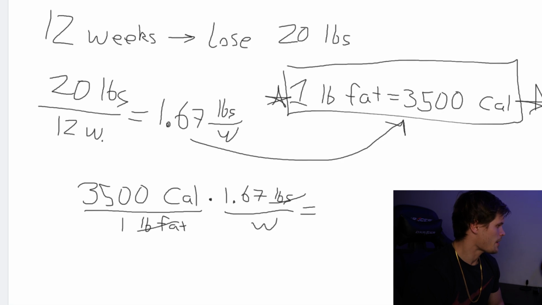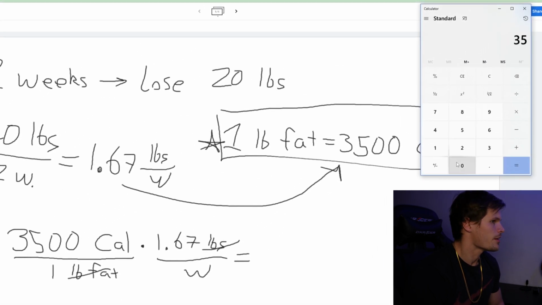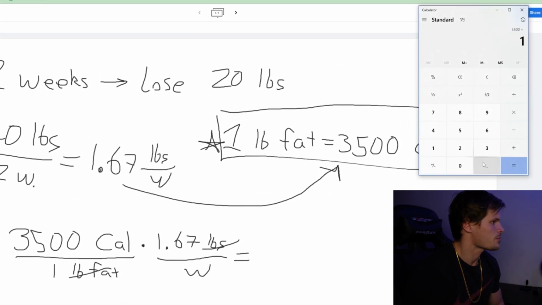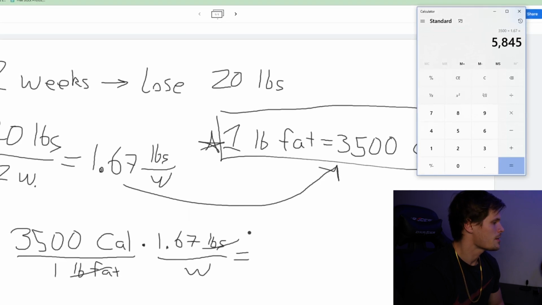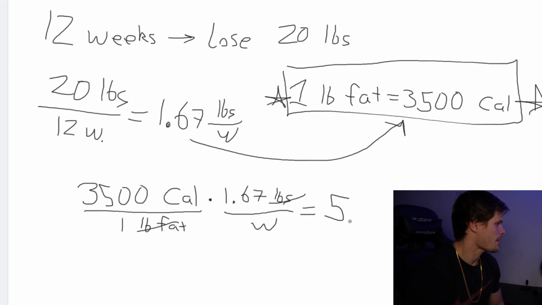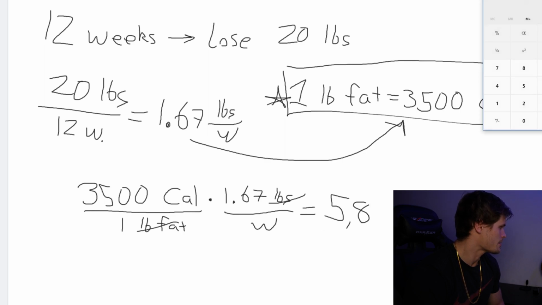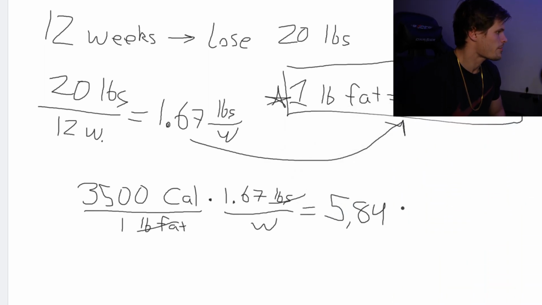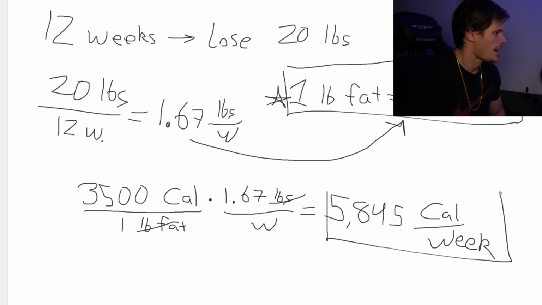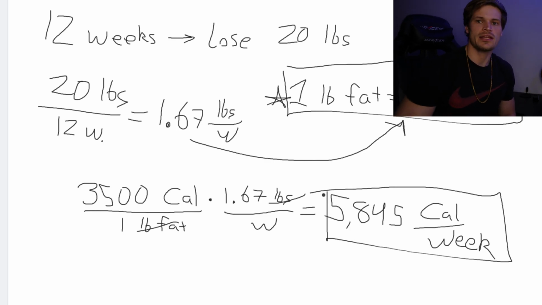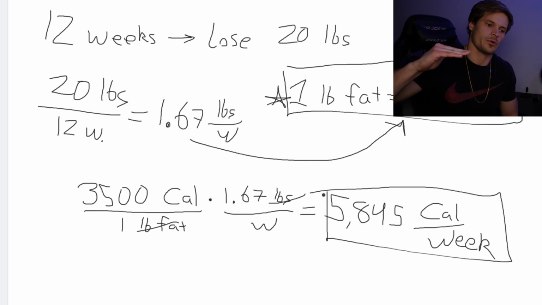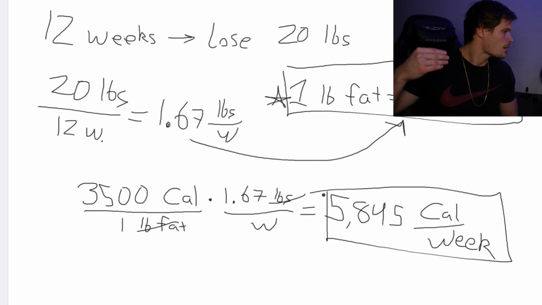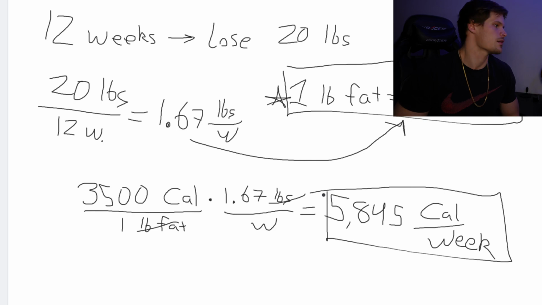Then we take 3,500 times 1.67, and that is going to give us 5,845 calories per week that we have to burn, right? So we need to eat 5,845 calories less per week than we need to maintain in order to reach our weight loss goals.